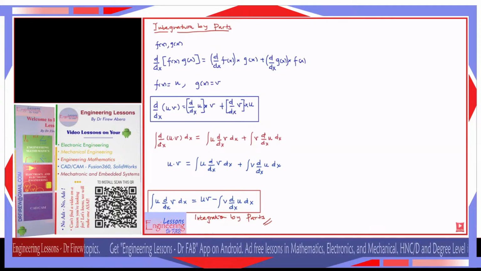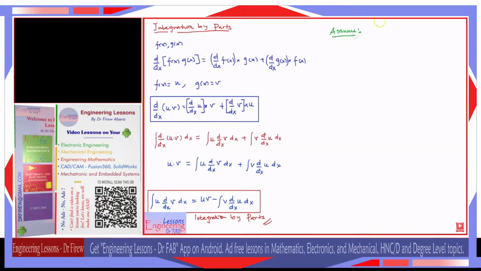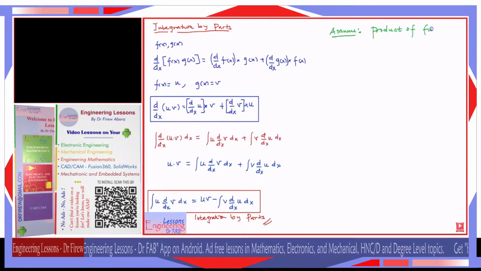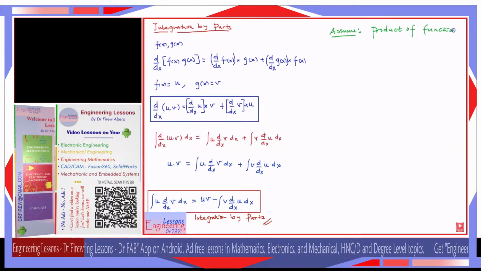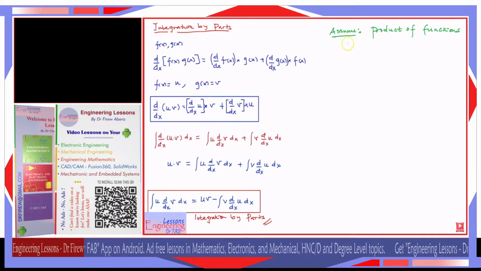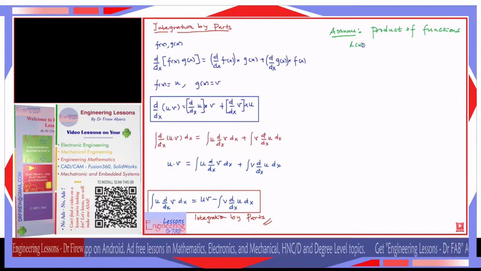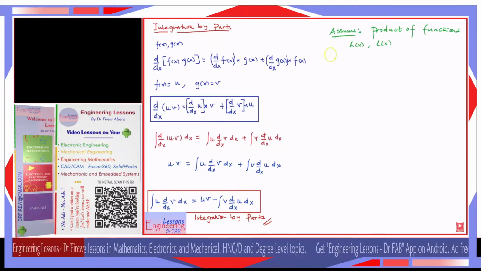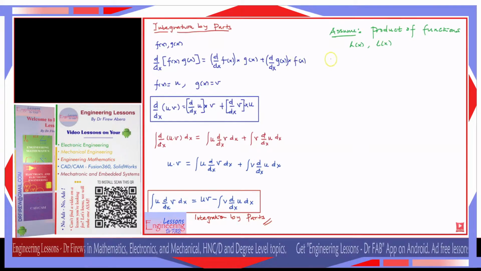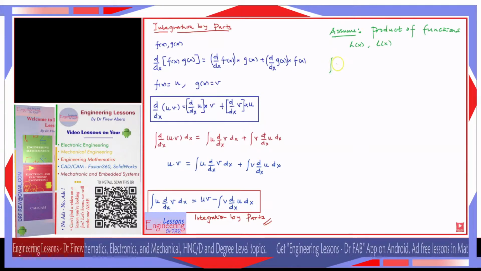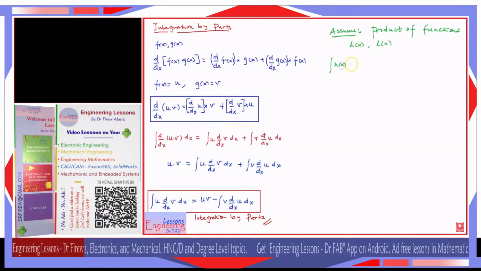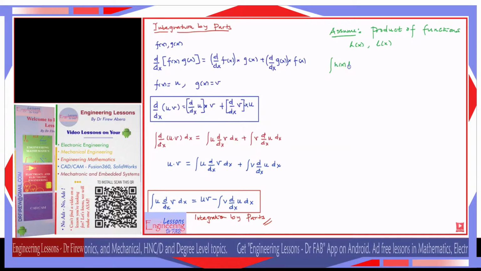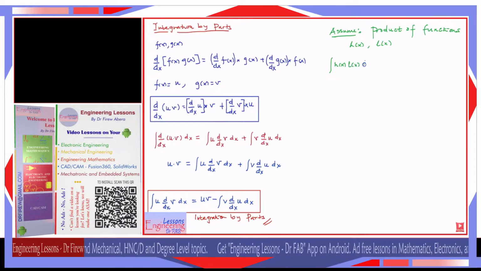Let's assume the following. You are given a product of functions, let's say h of x and L of x. The objective is to find the integral of h of x times L of x dx.